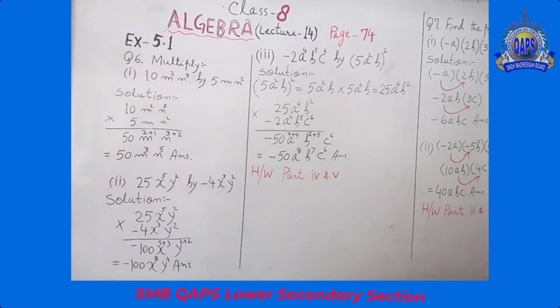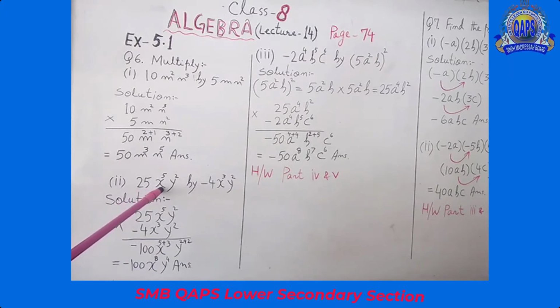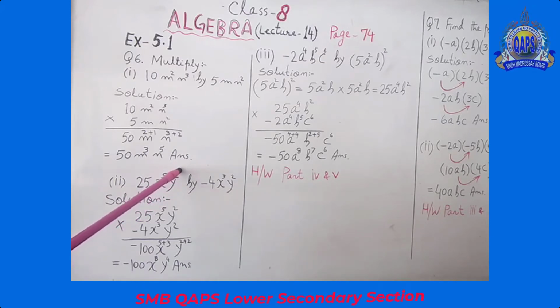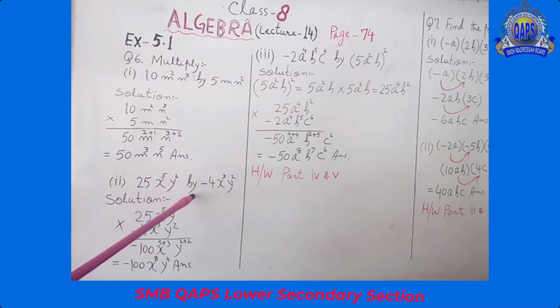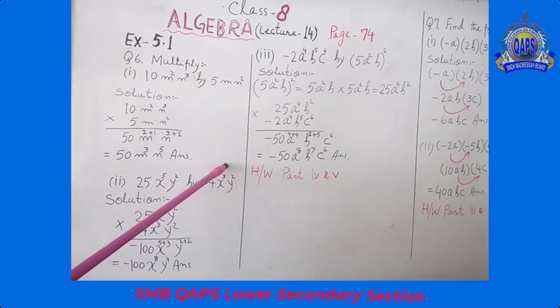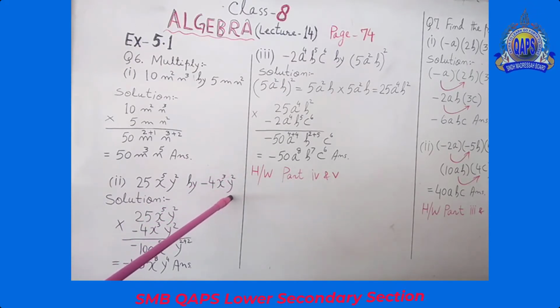Now let me start part number 2 of question number 6. The question is that 25x power 5 y power 2 multiply by minus 4x power 3 y power 2.